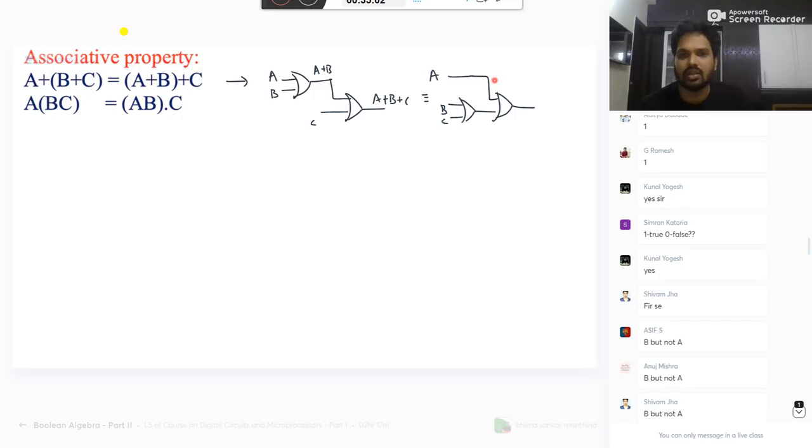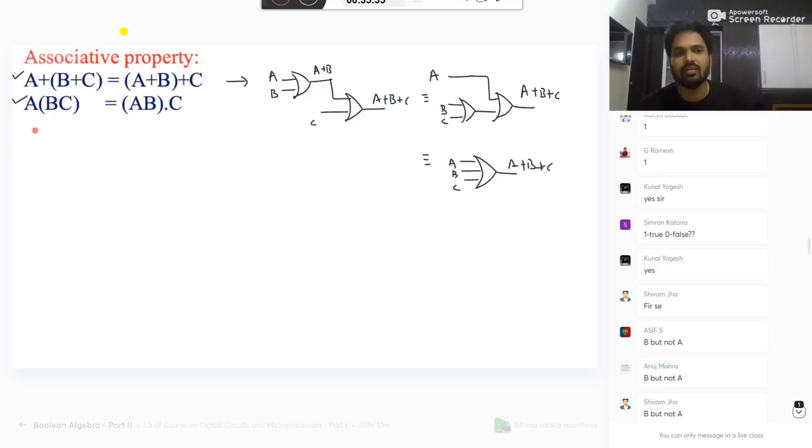And what is the answer here? A plus B plus C. And similarly, you take three inputs A, B, C. All are the same. So if it satisfies the associative property, you can use two-input gates to make a three-input gate. This is true for OR gate and AND gate. Gates we have not discussed. Just for continuity, I draw the figure. Forget about it if you don't know what a gate is. Don't worry about it, I will discuss that anyway.